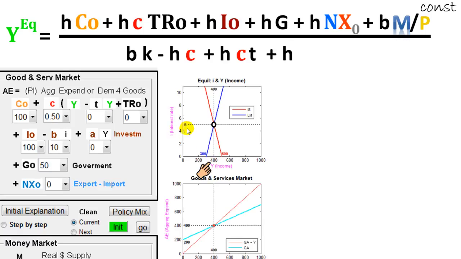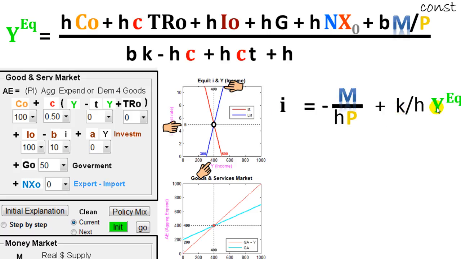In order to find interest rate in equilibrium, we can do two things. One is to use this number in the IS equation, which is longer, or we can use this 400 in the LM equation, which is shorter. So this is the one that I'm going to use.